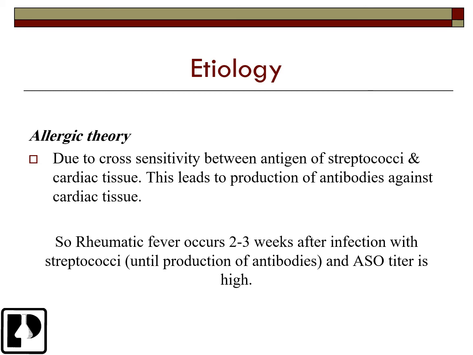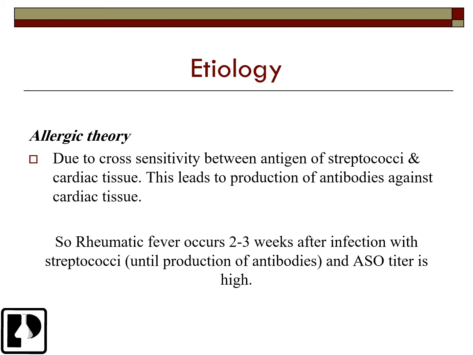The first theory is the allergic theory, meaning that there is a cross sensitivity between the antigen of the streptococci and the cardiac tissue. So the immune system starts to produce antibodies against the bacteria, but because the antigenicity of the bacteria and the antigenicity of the cardiac tissue are the same, it targets the cardiac tissue also.